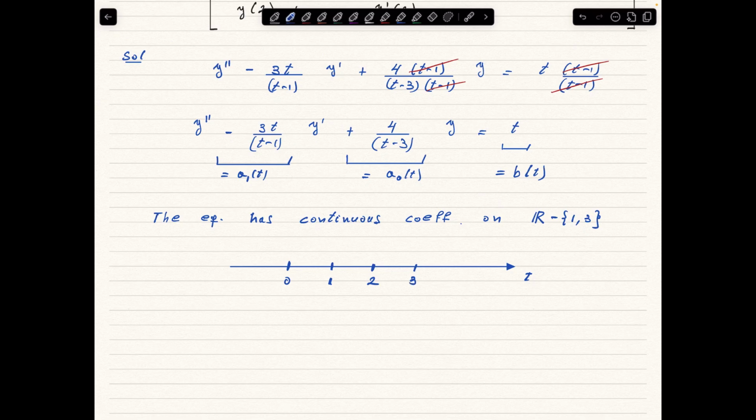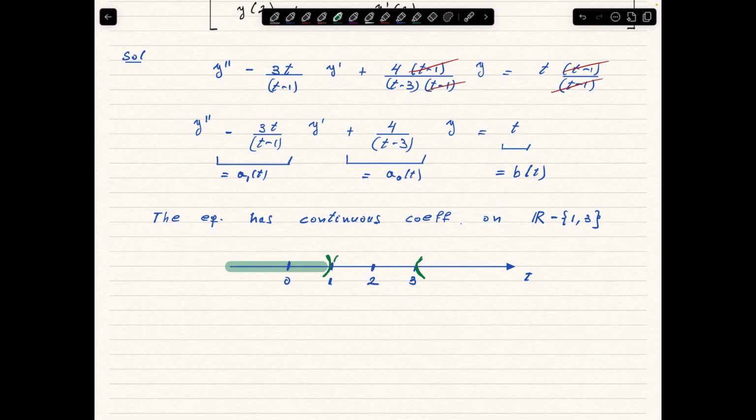So the equation is well defined everywhere else except at 1, and well, we need to take 3.